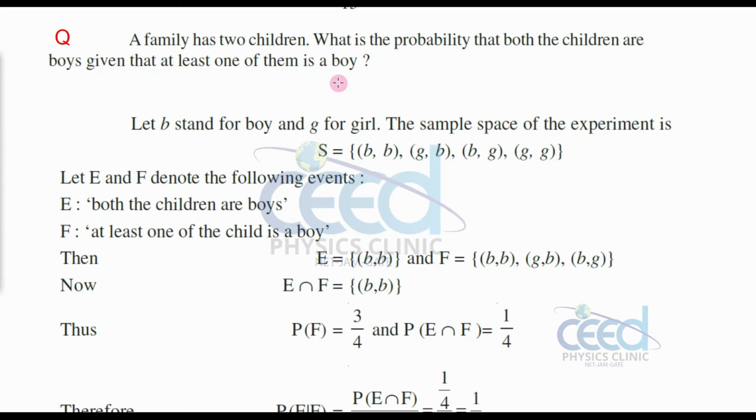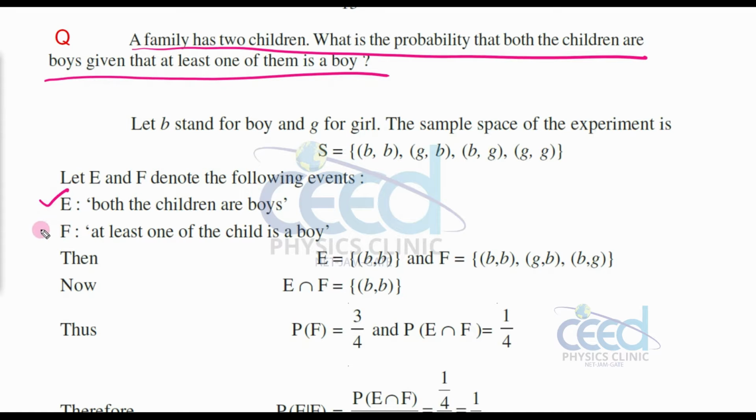So here, from this question I am defining two events. One is E and the other is F. What is E? Both the children are boys. A family has two children, what is the probability that both the children are boys? That is one event, so from the statement itself it is clear.